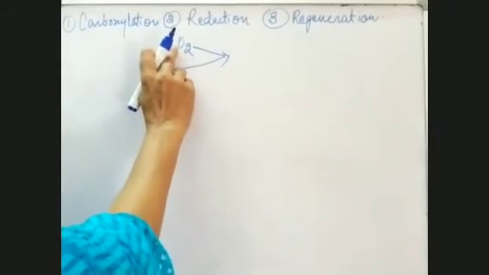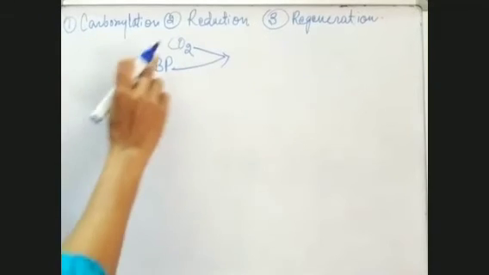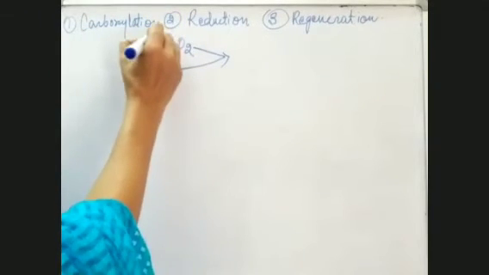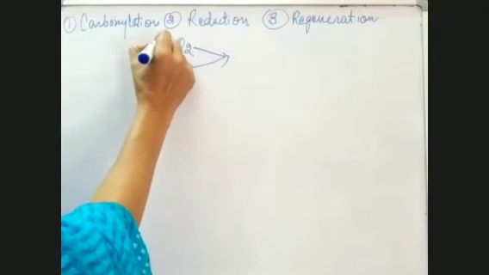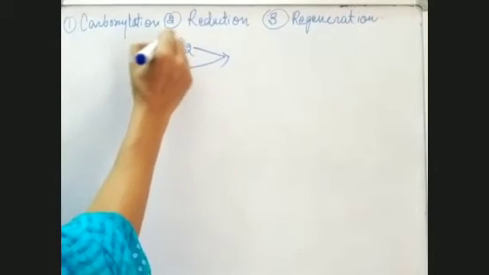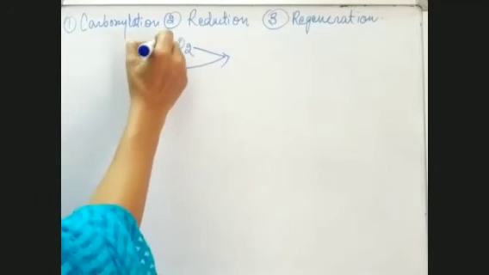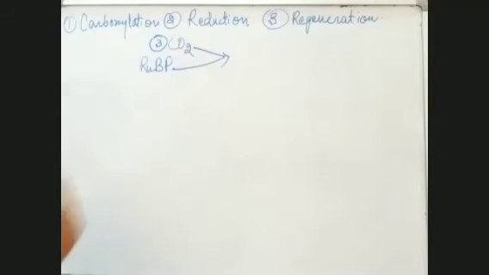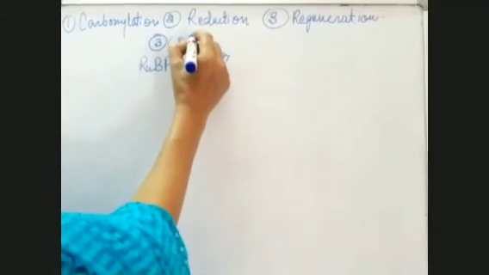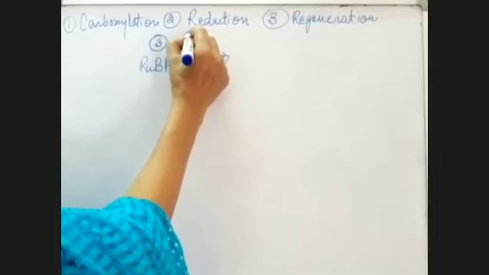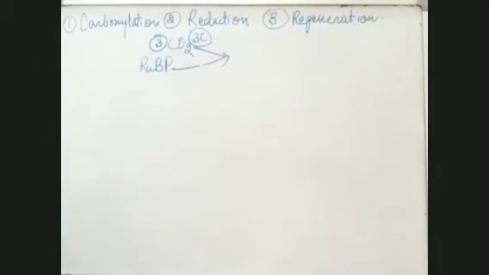Here we are using 3 molecules of CO2. If we are using 3 molecules of CO2, how many carbons are there? 3 carbons are involved because we are using 3 molecules of CO2.